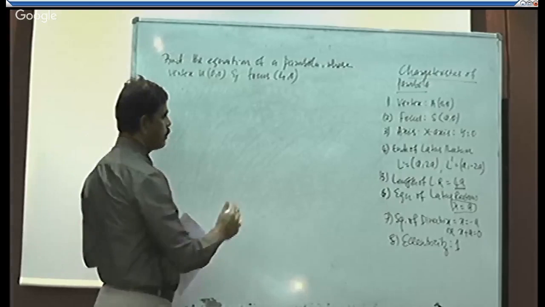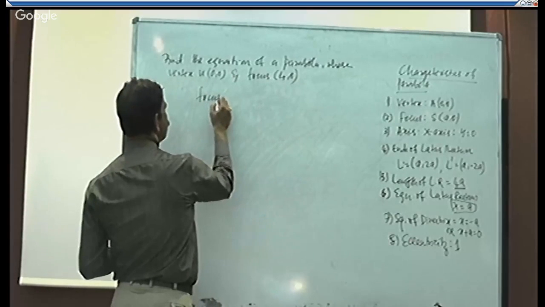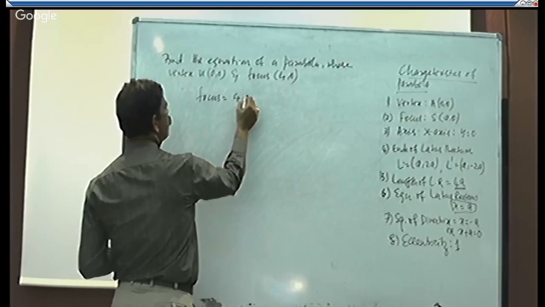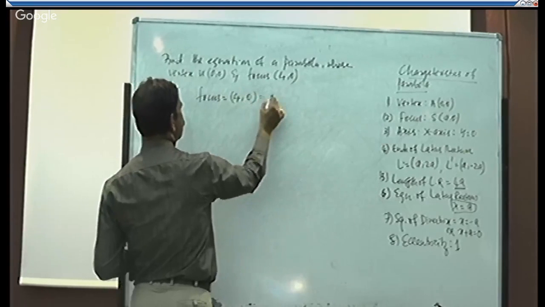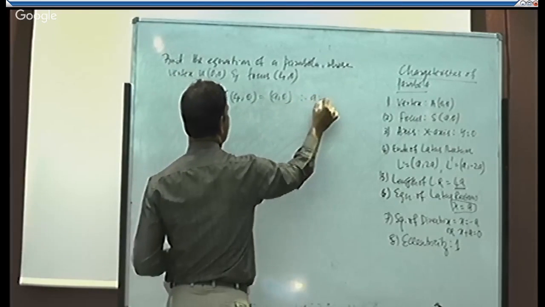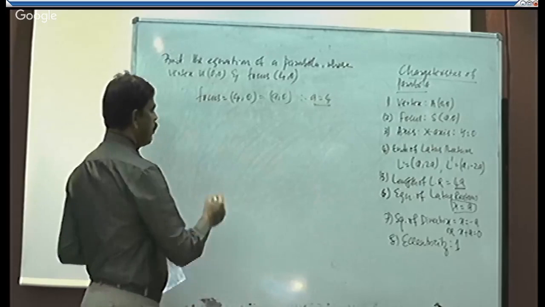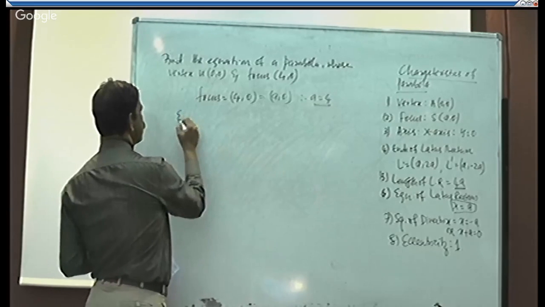As we know, what is the focus? Focus is equal to 4 comma 0. It is nothing but a comma 0. Therefore, what is a? a is equal to 4. Correct? We got a.